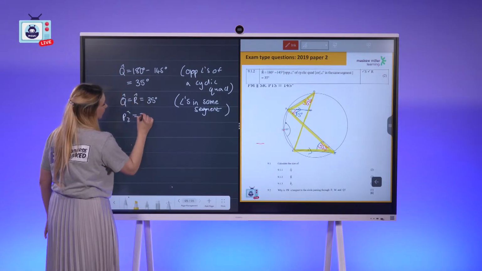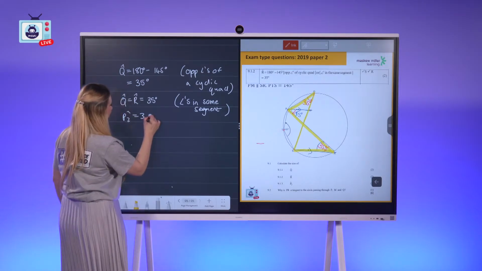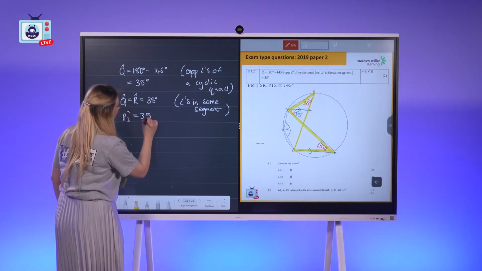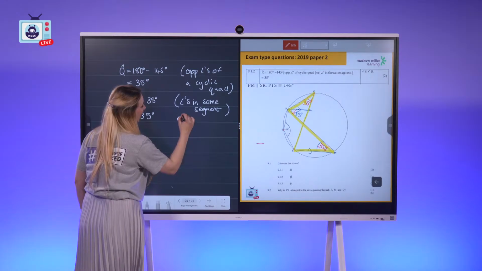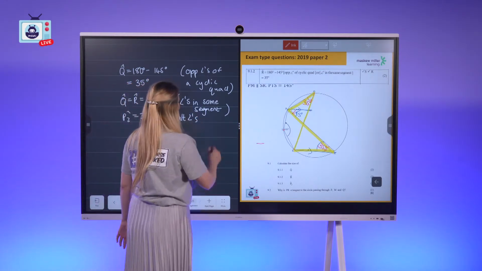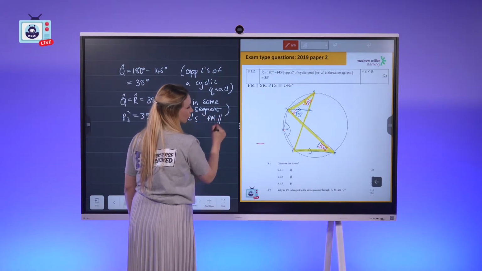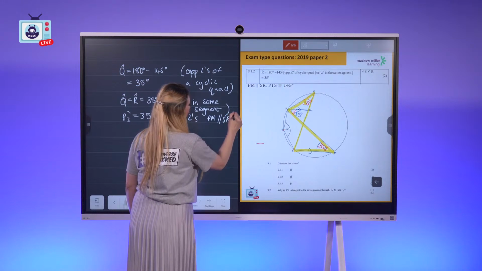P2 equals 35 degrees. Our reason is alternate angles, right? We said we had parallel lines. Alternate angles, and we mustn't forget to list the parallel lines. PM is parallel to SR.